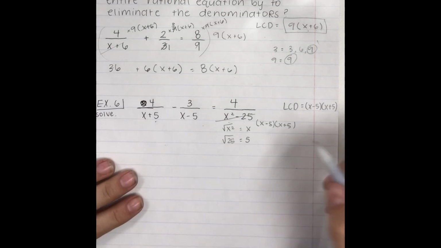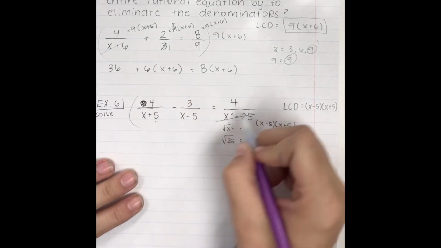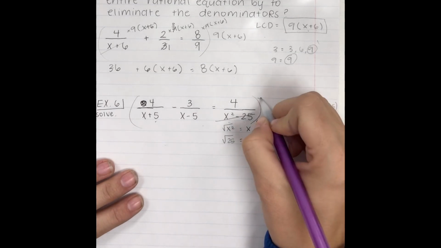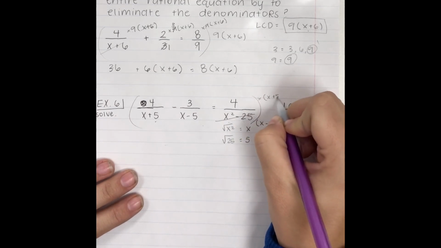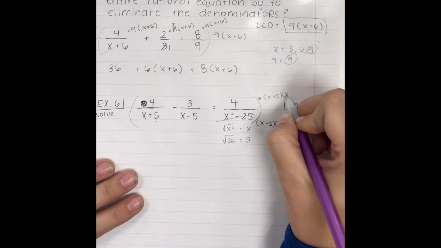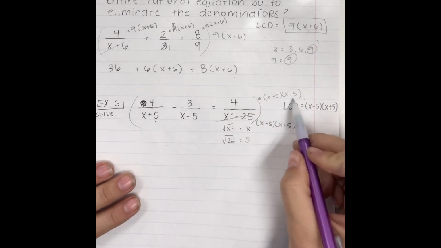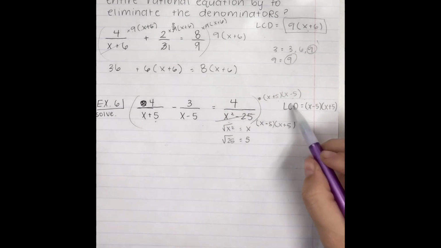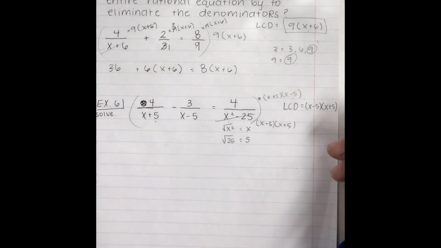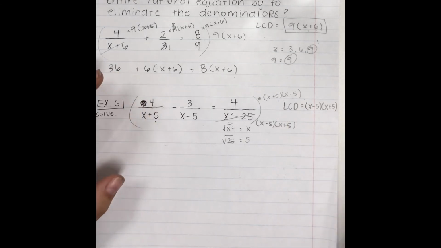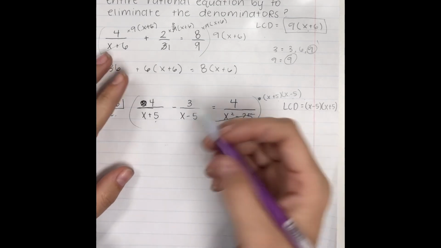So what I'm going to do is I'm going to multiply everything by my LCD, x plus 5 times x minus 5. It doesn't matter the order. I put x minus 5 and x plus 5 here and I switched it here. It's okay. What you're doing is multiplying each one by that.